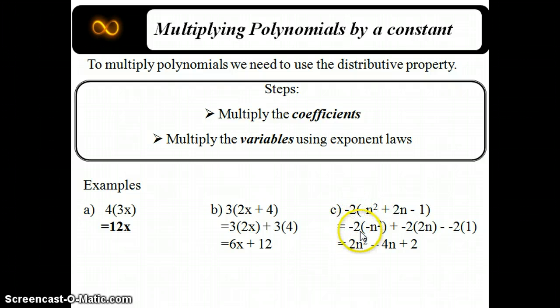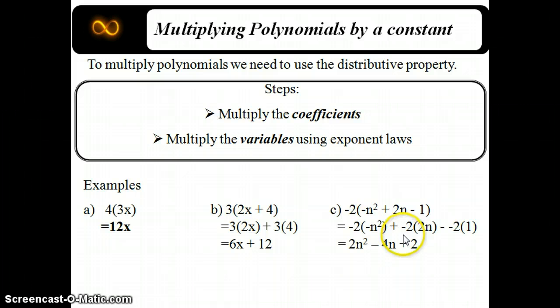So it's negative 2 times negative 1, which is positive 2, and then the n squared doesn't change. Negative 2 times positive 2n is negative 2 times 2, which is negative 4n, which turns into a minus 4n.